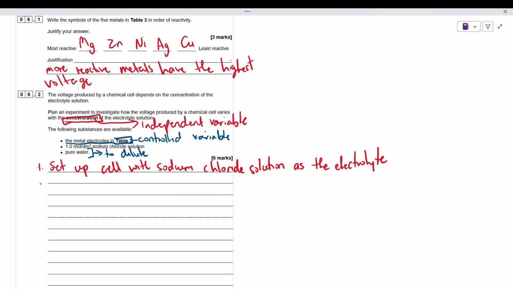The first thing I'm going to be doing, and that is the 1 mole per dm cube sodium chloride solution that we're talking about.